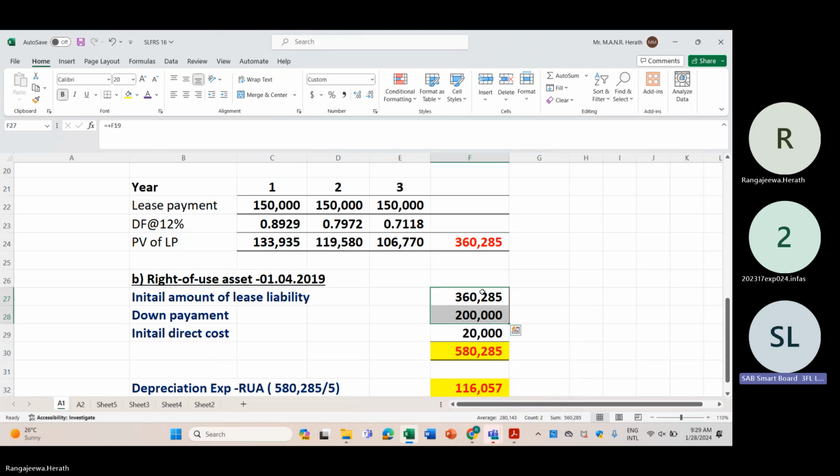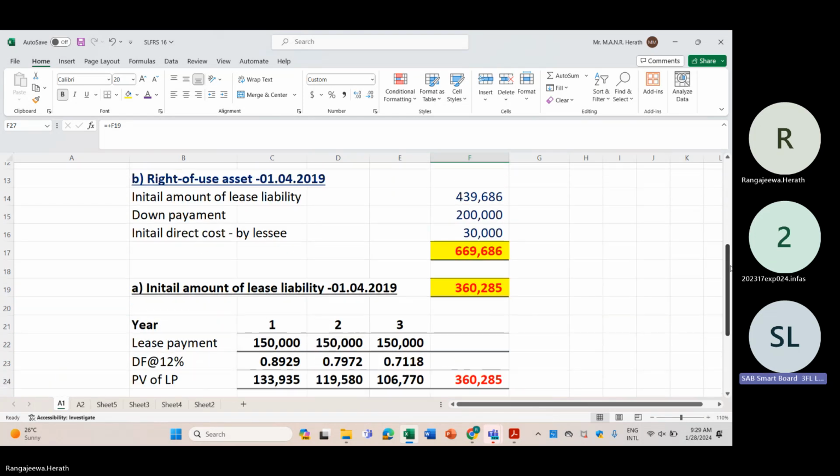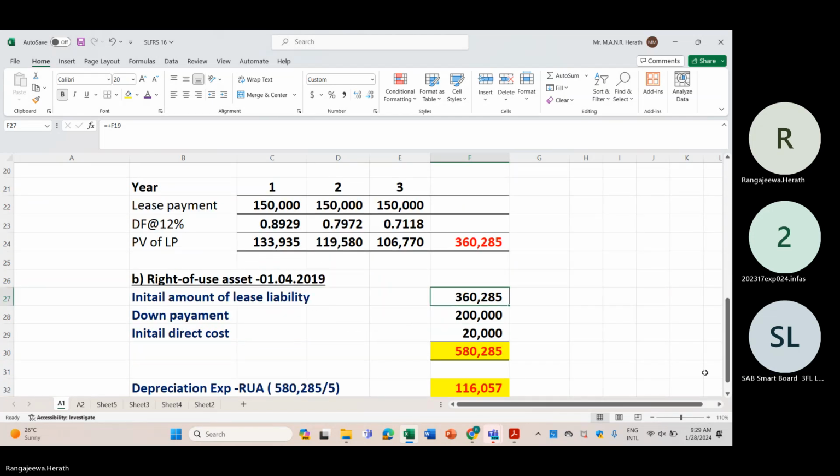Right? So when it comes to the activity, now the third activity. 360,285 is the lease receivable. Then he is receiving 150,000 every year.